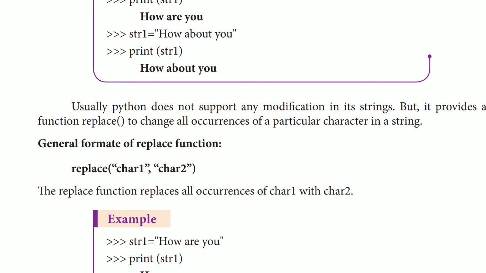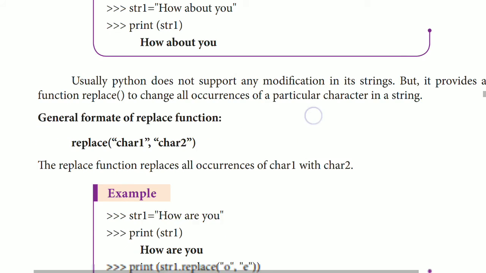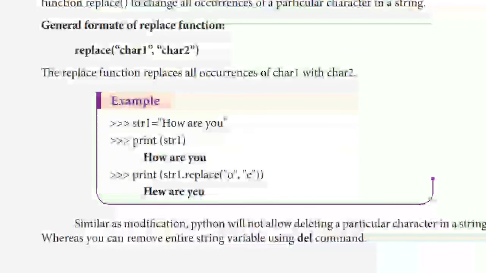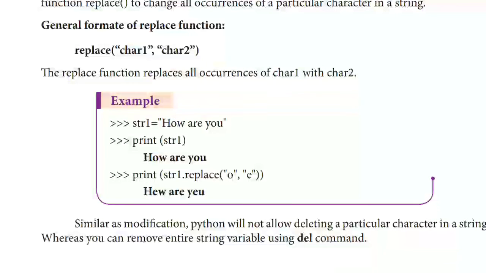Here they have given one example. The string is how are you. In that we are using this string replace function. Instead of o, you replace it with e. So this is the instruction given to the replace function. You can see that in the output, instead of o, it is printed as e.